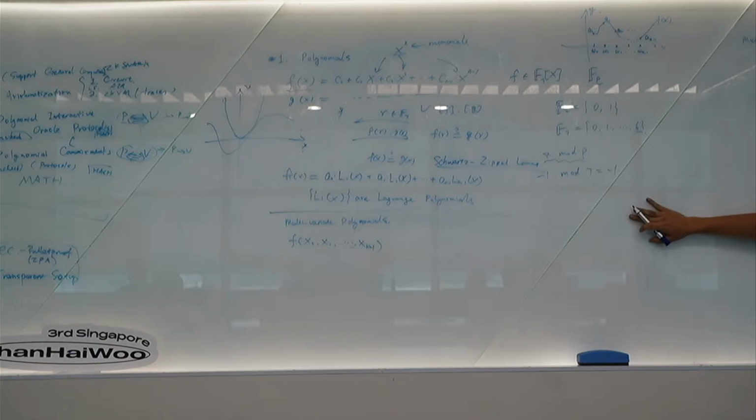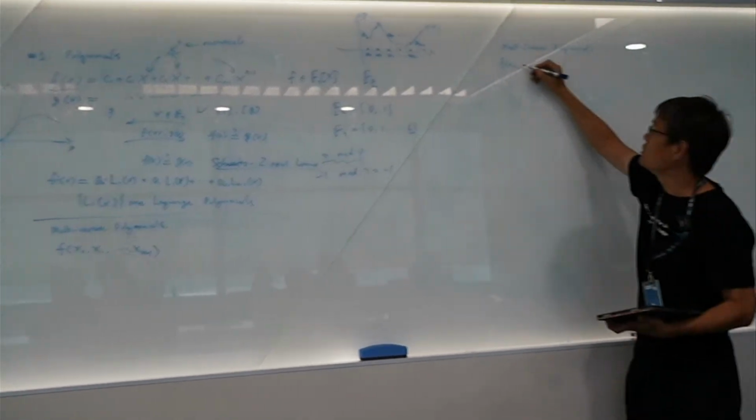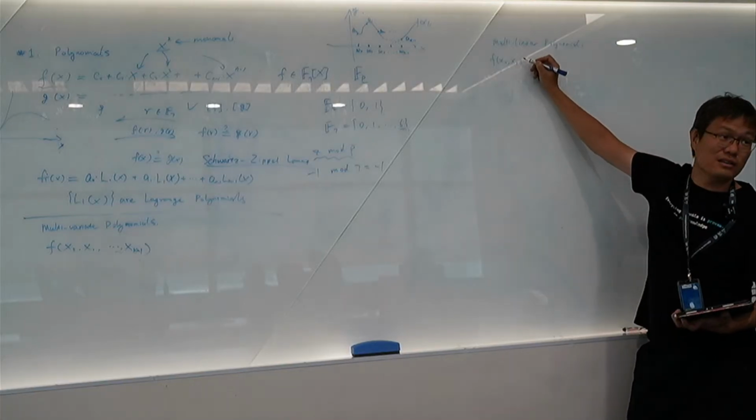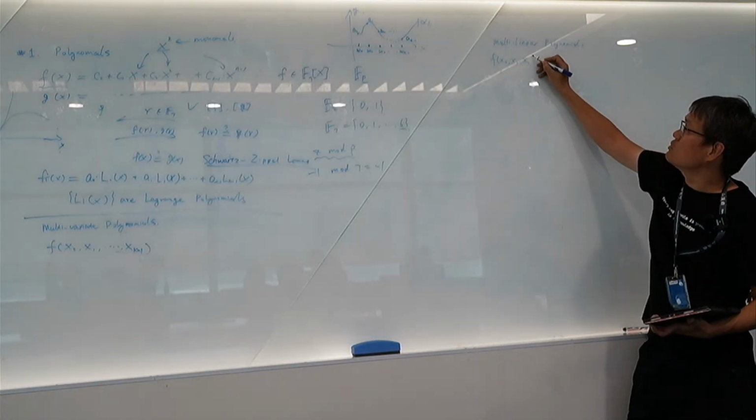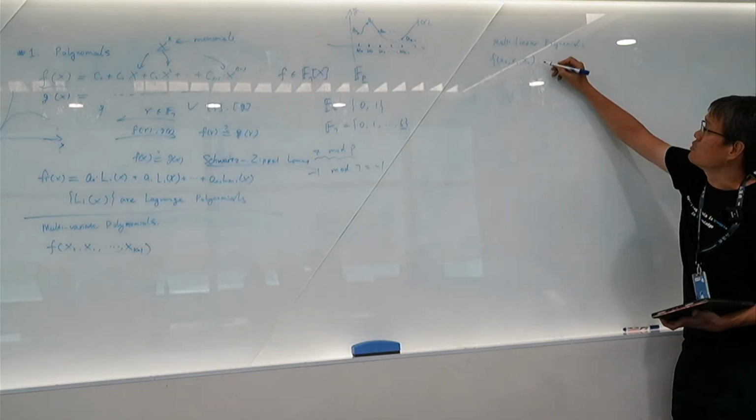Still, it's a multivariate polynomial. Let me give you a very simple example. We have three variables, x0, x1, x2. We can write it this way.